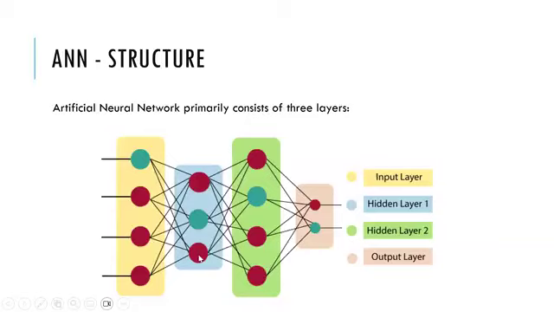So every node will act differently and it will try to come up with some different information, and it will try to find some different details, or it will try to mine different insights from the data.